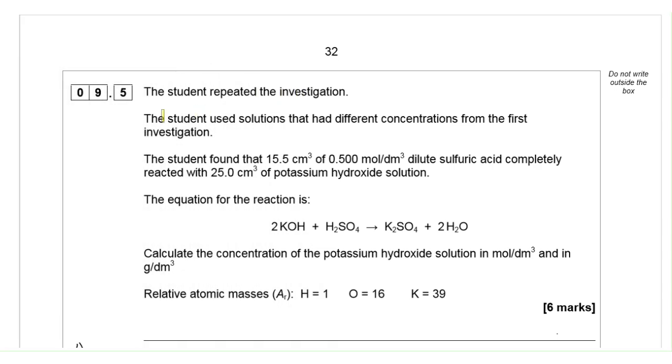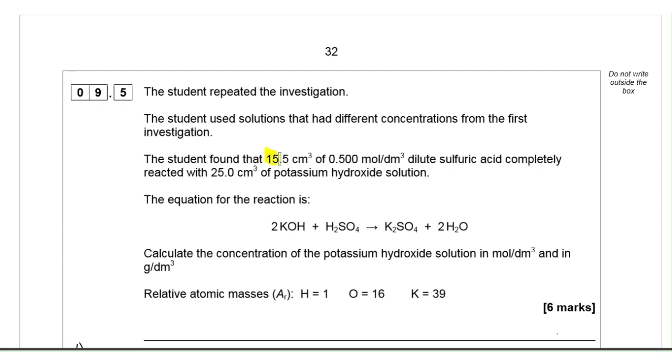(9.5) The student repeated the investigation. The student used solutions that are different concentrations from the first investigation. The student found that 15.5 centimetres cubed of a 0.5 mole per decimetre cubed sulfuric acid completely reacted with 25 cm cubed of potassium hydroxide solution.